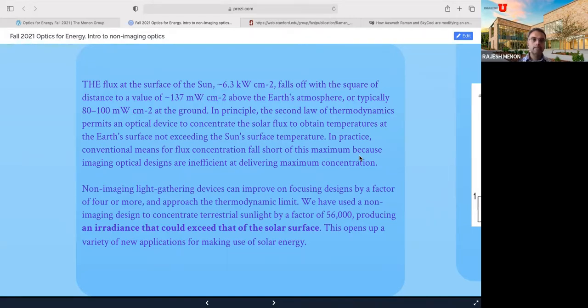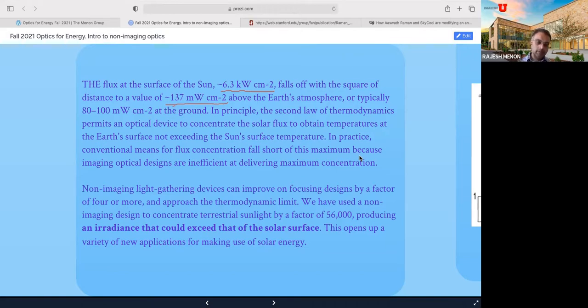The flux at the surface of the sun, which we have seen before, is approximately 6.3 kilowatts per centimeter squared. That's what's coming off right at the surface of the sun. And it falls off with distance, as an inverse square, as we know. It falls off to something like 137 milliwatts per centimeter squared above the Earth's atmosphere.